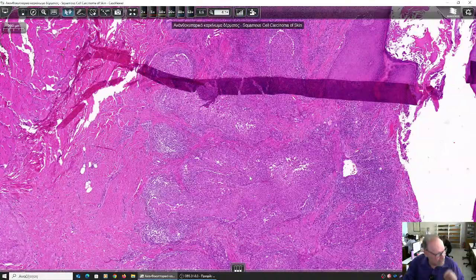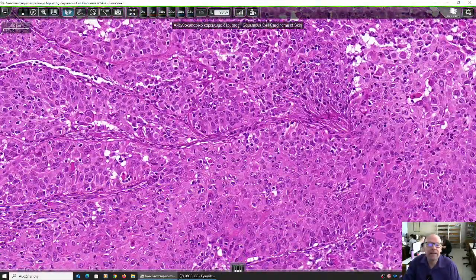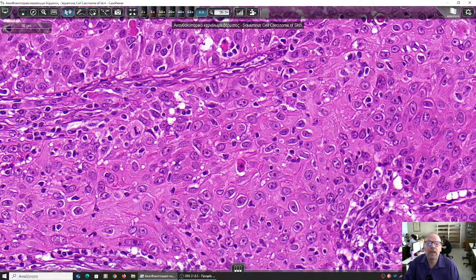So there are some signs of keratinization, but this one, have a look at this cell. You see how it is shrunken, both the nucleus and the cytoplasm. So how did we call this? We called it dyskeratosis. So this is, and this one as well.